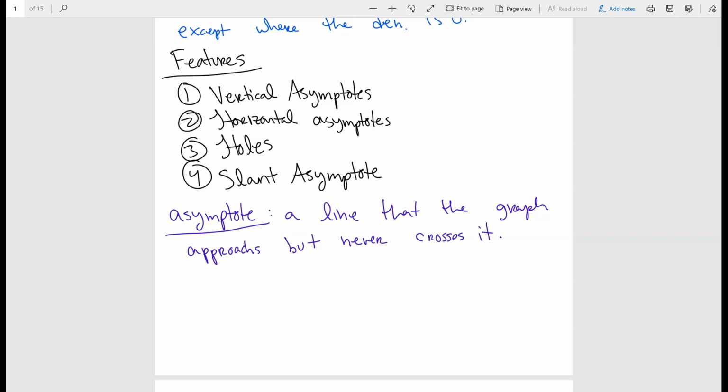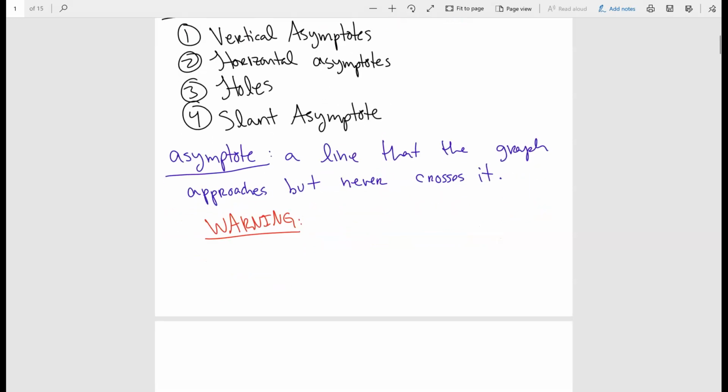I'm going to give you a little warning here: horizontal asymptotes can be crossed. The only one that cannot be crossed is the vertical asymptote.